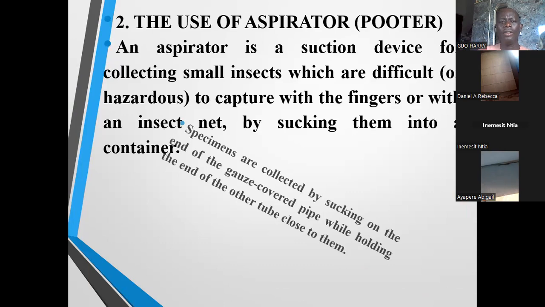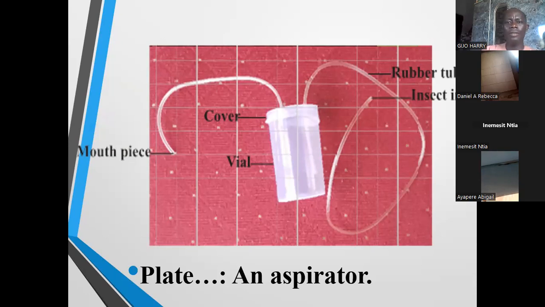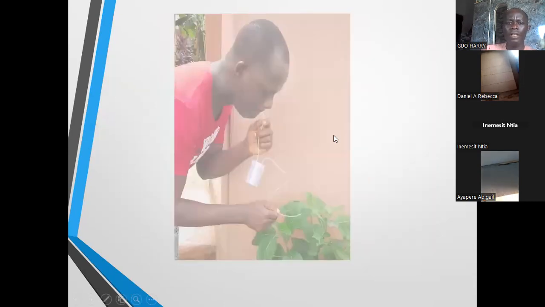To collect the insect with the aspirator, you suck the mouthpiece, and then the insect goes in through the mouthpiece, through the other part of the tube and gets into the vial, which is being demonstrated here.